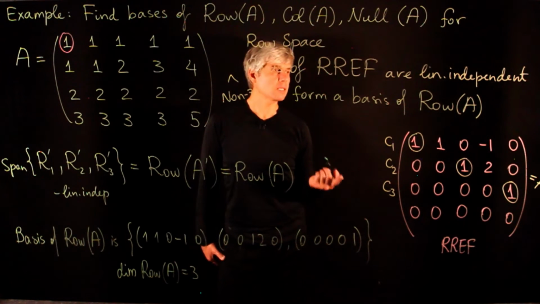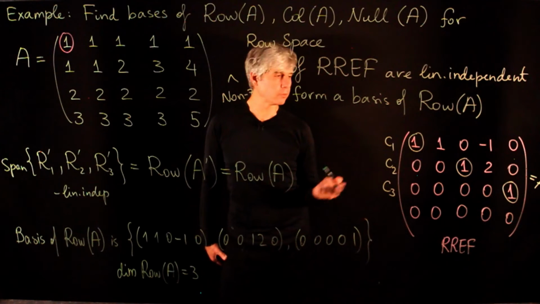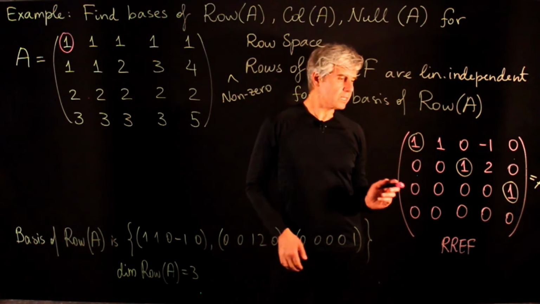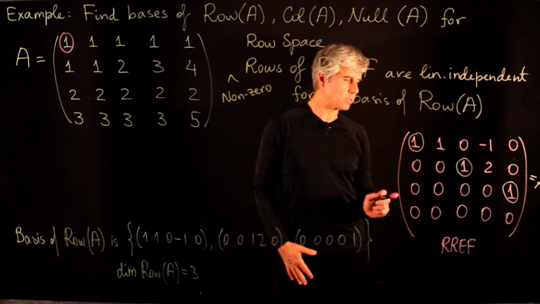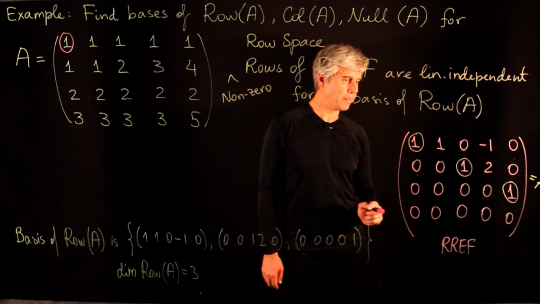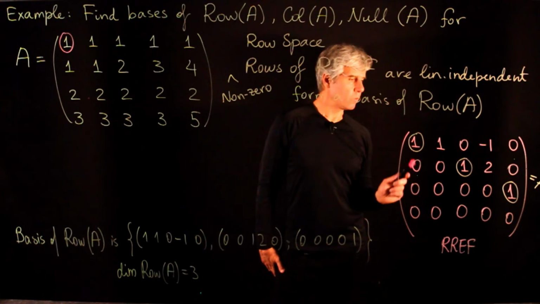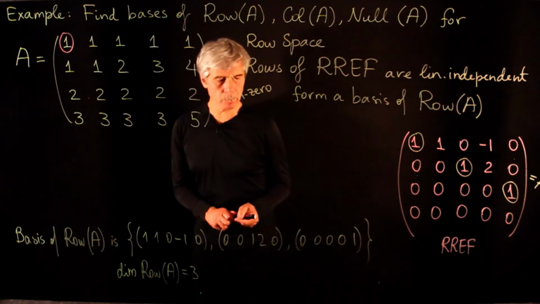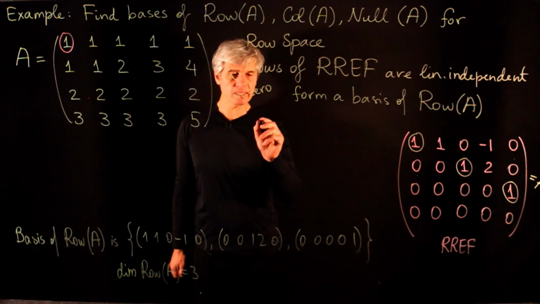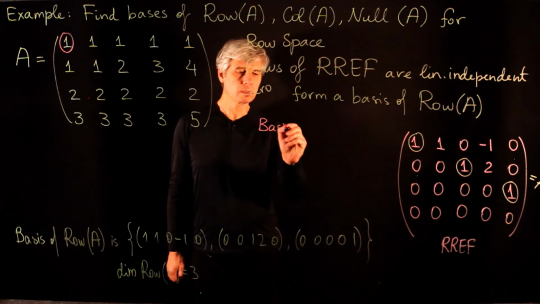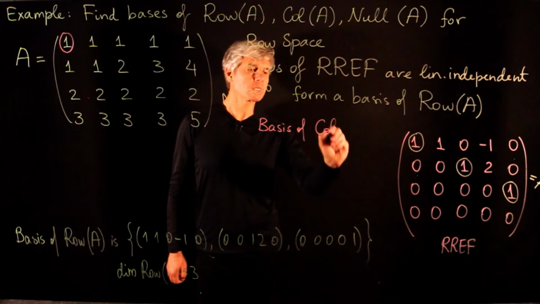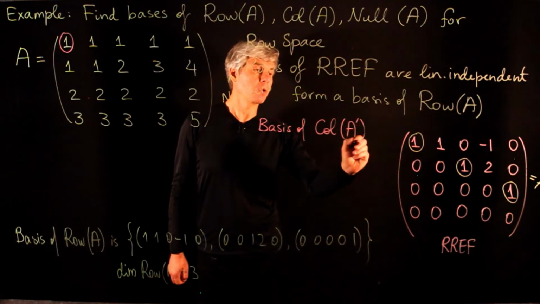Now, next, let us look at the column space of A. Let us try to find the basis of the column space of A prime. In fact, because A prime is such a simple matrix, we can easily write down a basis of the column space of A prime.